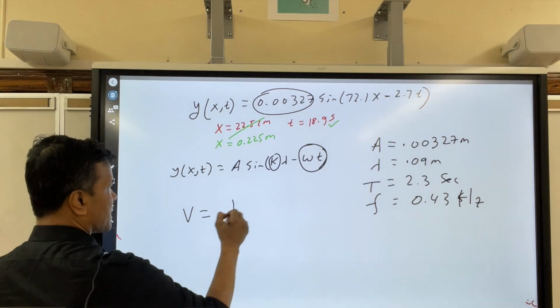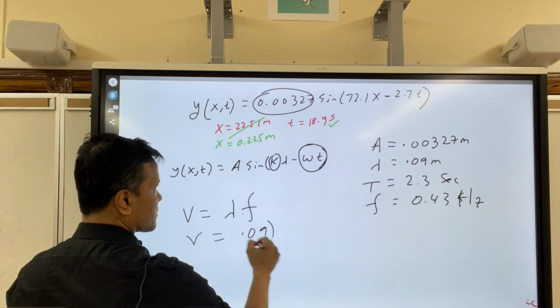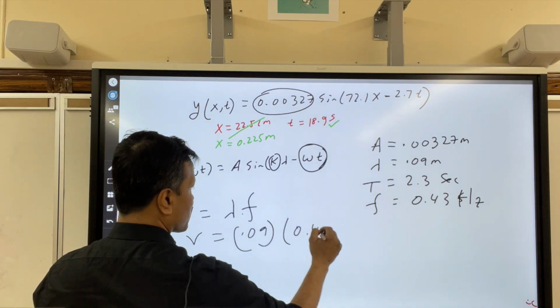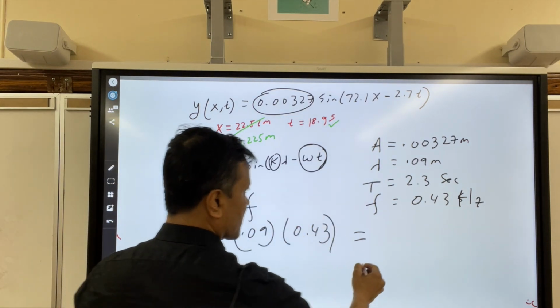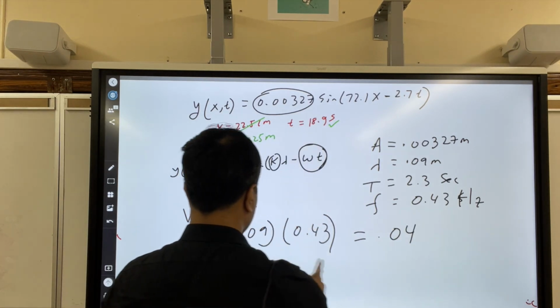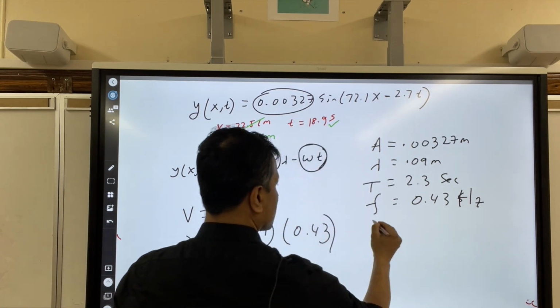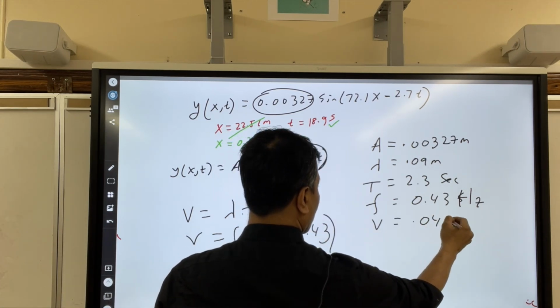Velocity is lambda times frequency. Lambda is 0.09, frequency is 0.43. So velocity is 0.04 meter per second.